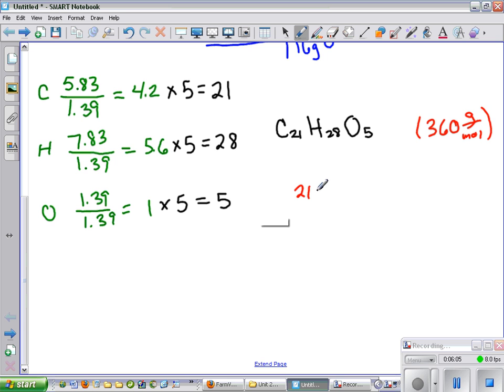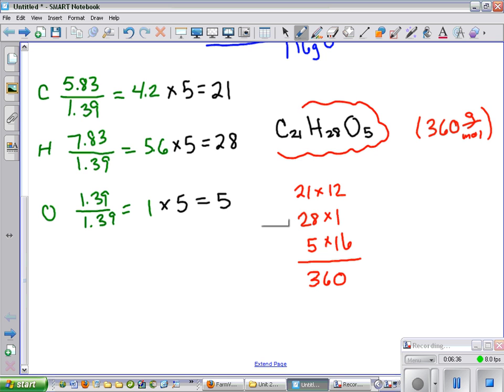There are 21 carbons times 12 for the molar mass of carbon, 28 hydrogens times 1, and 5 oxygens times 16. And that gives us 360.